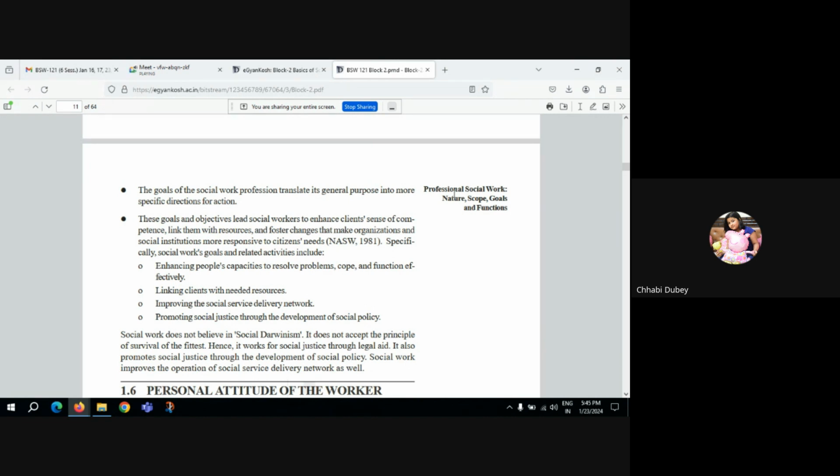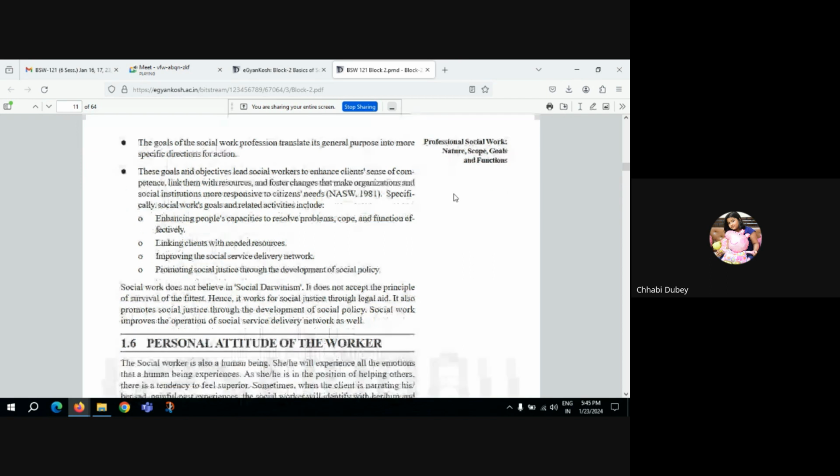Specifically, their goals are related to activities which include enhancing people's capacities to resolve problems, linking clients with needed resources, improving the social service delivery network, and promoting social justice through the development of social policies.